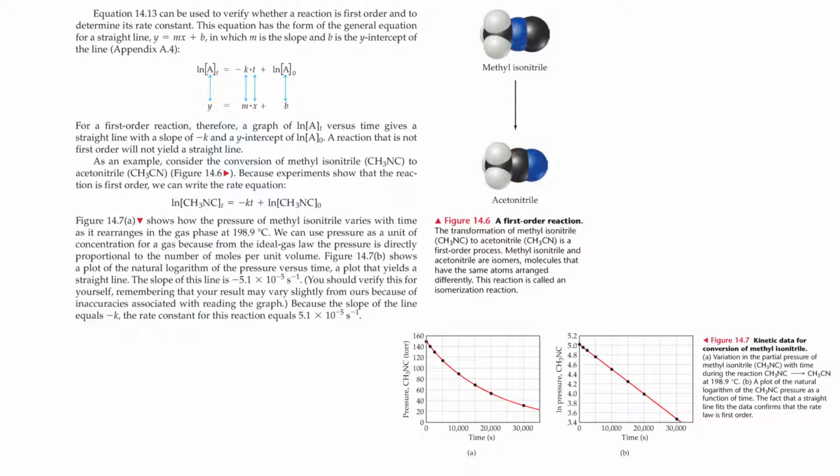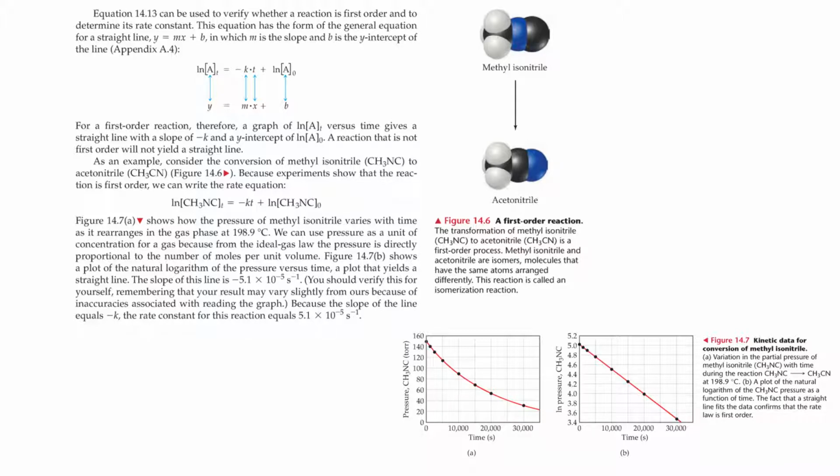As an example, consider the conversion of methyl isonitrile to acetonitrile. Because experiments show that the reaction is first order, we can write the equation as the natural log of the pressure at time t equals negative kt plus the natural log of the initial pressure.